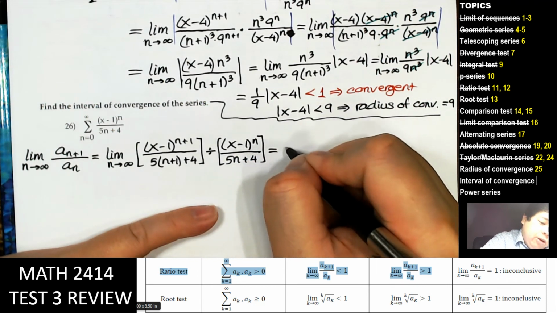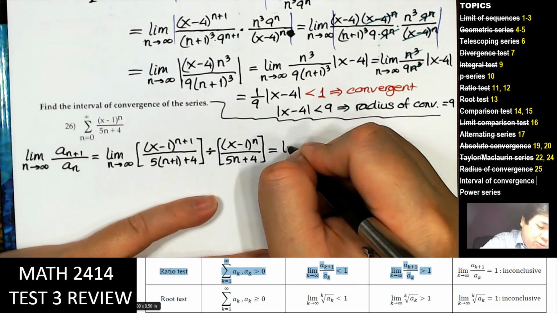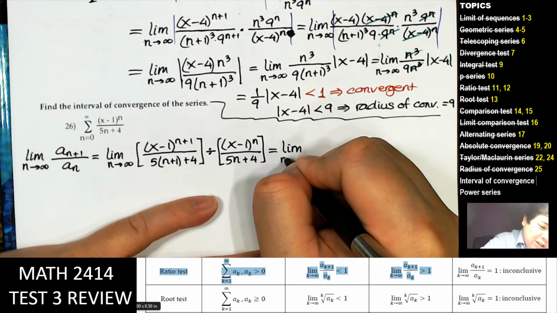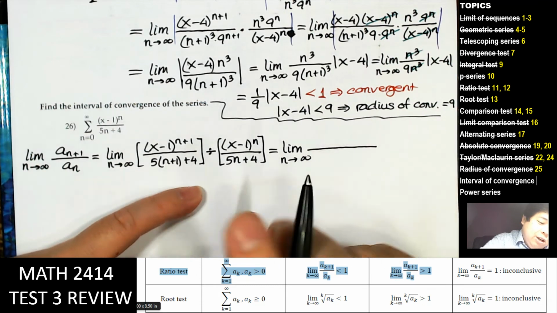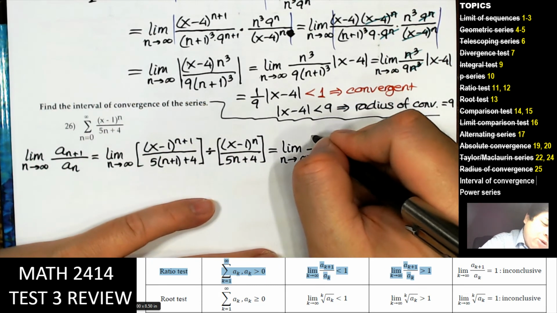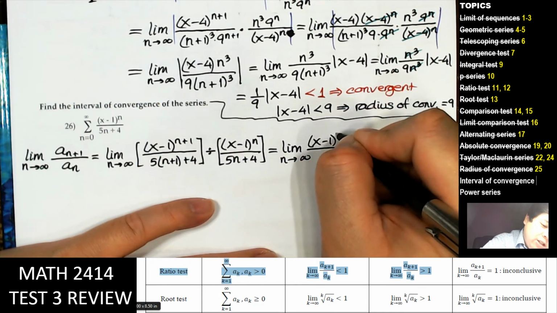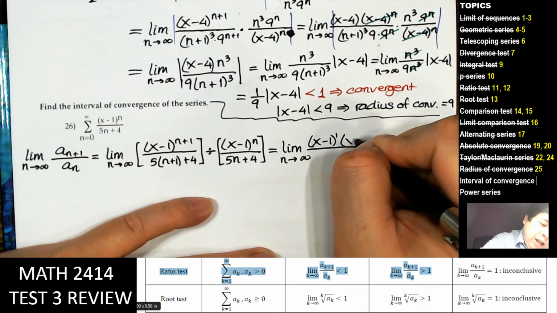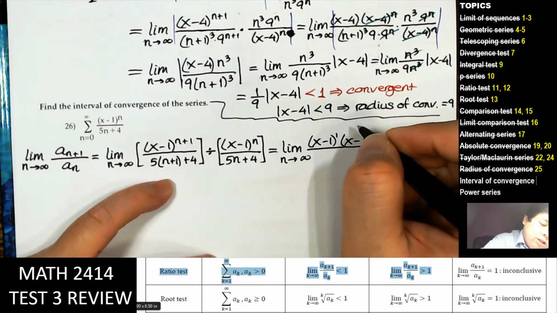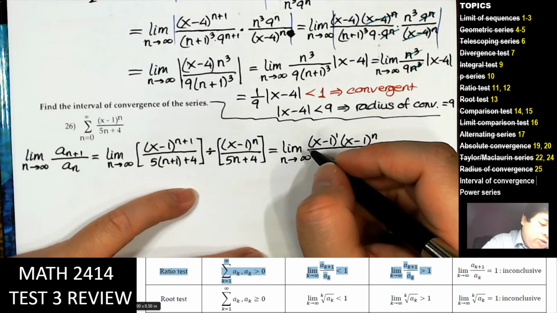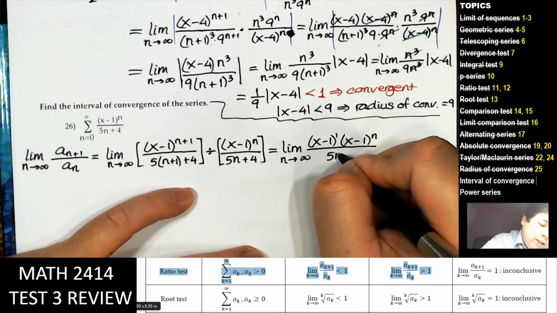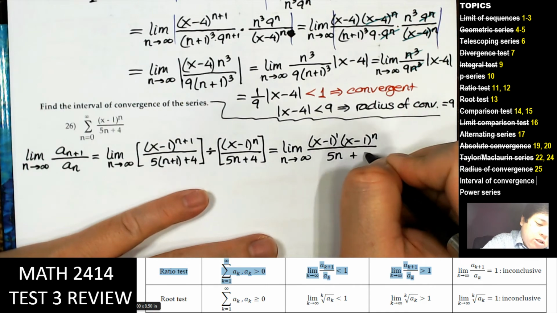Because we kind of run out of space, I skip a few steps. First, that to the n power is going to be x minus 1 to the first and x minus 1 to the n power, and 5 times n plus 1 plus 4 will be 5n plus 5 plus 4, so plus 9.